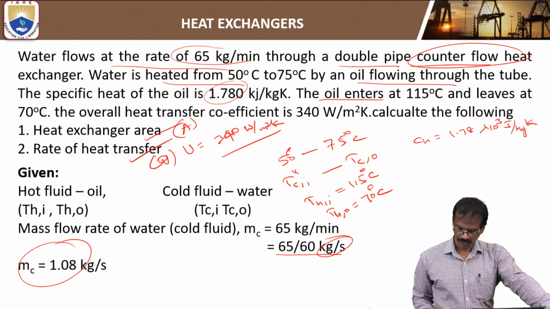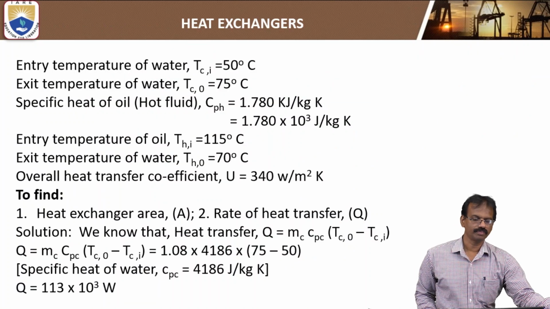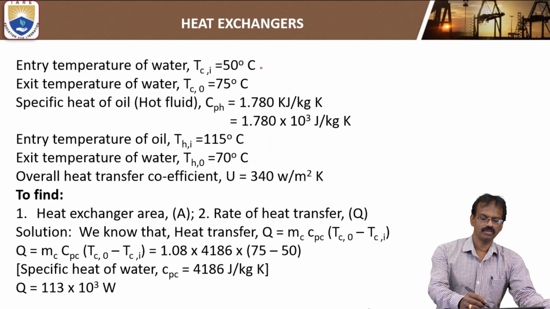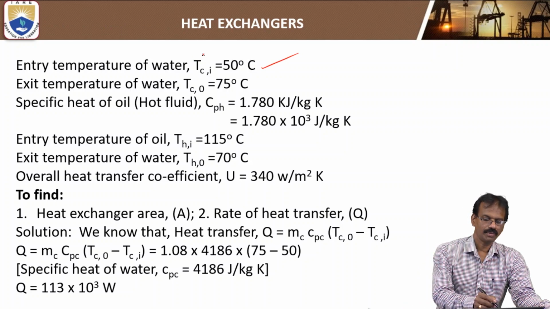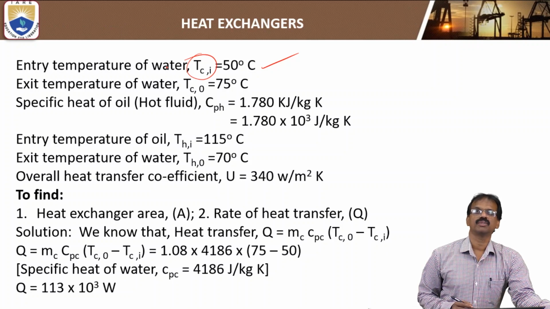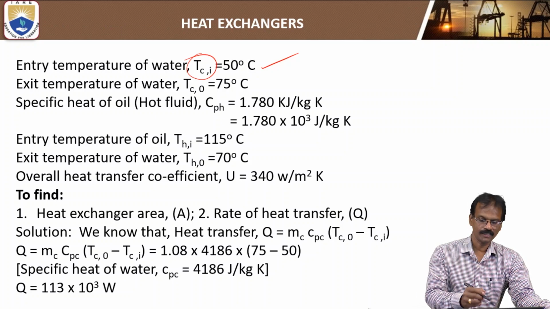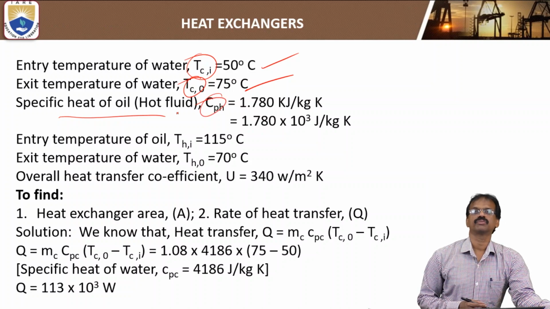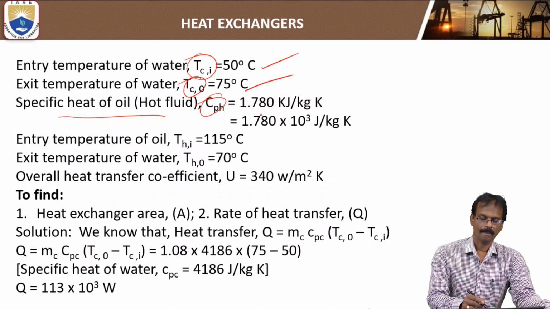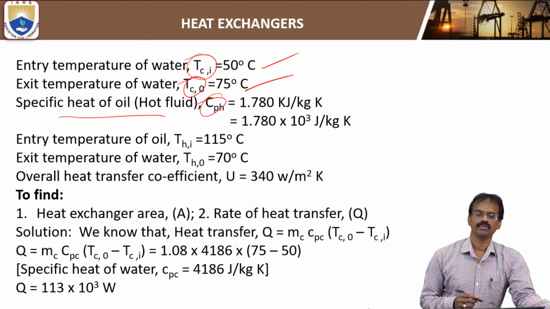Now we'll see how to find out, first of all, Q. Once again, we can observe the data given in this numerical. So cold fluid inlet temperature, that is the water inlet temperature, is 50 degrees Celsius. Outlet temperature 75 degrees. Specific heat of hot fluid, CPH, is 1.78 kilojoule per kg Kelvin.